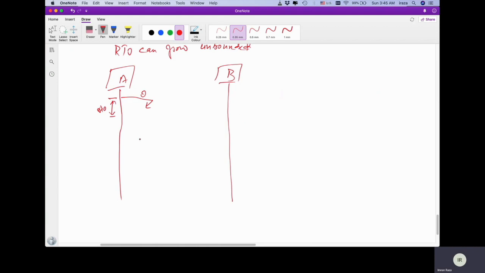So the retransmission timeout has expired, and now machine A will again retransmit segment 0. Now the receiver B has replied with an acknowledgement.